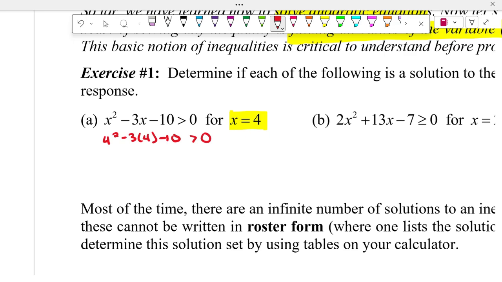What's 4 squared? What's negative 3 times 4? Minus 10. 16 minus 12 is 4. 4 minus 10 is negative 6. Is it true that negative 6 is greater than 0? No, so it's not true.